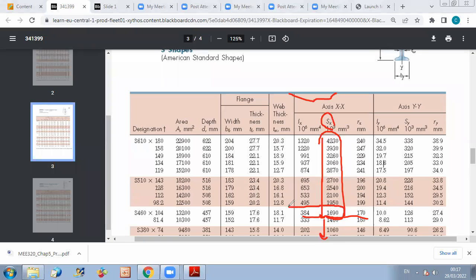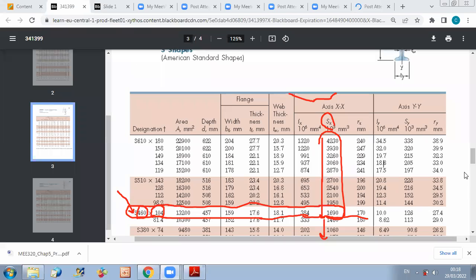1,690. Why don't I say directly this is the actual value? Because as we said, we should try to select the one with the minimal cost. And the minimal cost corresponds to the minimal weight per unit length. If you remember when we talked about the way we name the beams, the letter S is for the shape, this is for the nominal depth in millimeters, and this is for the mass per unit length.